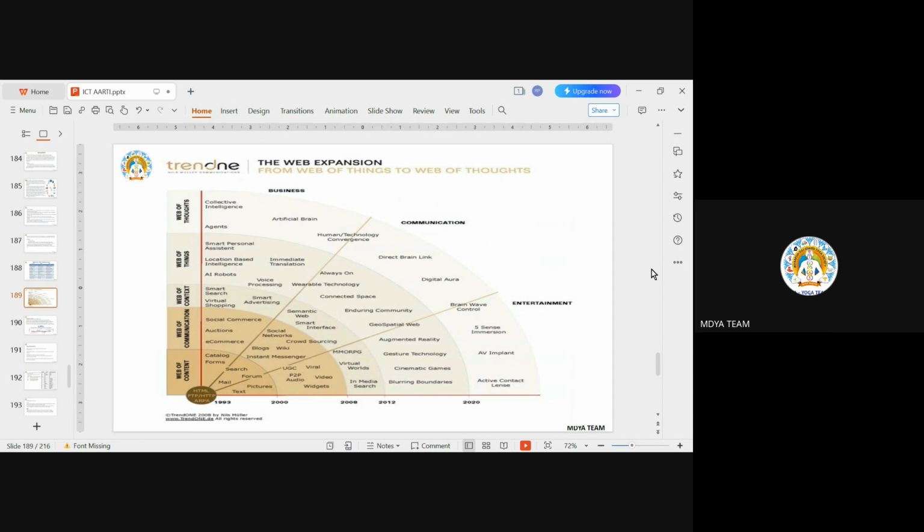And Web 5.0 is the emotional web, where your machine will understand your emotions. Now a machine has no IQ level and no emotional values. But when 5.0 comes, your machine will understand your emotions: what you are feeling, what you want, whether you are happy or sad.